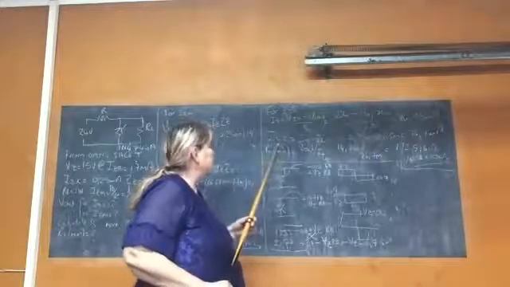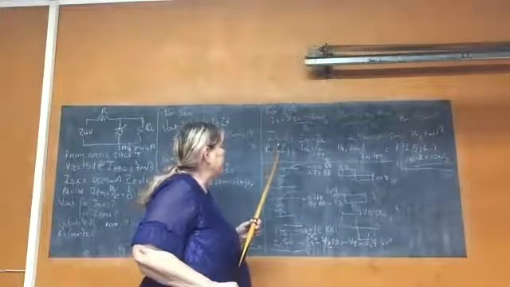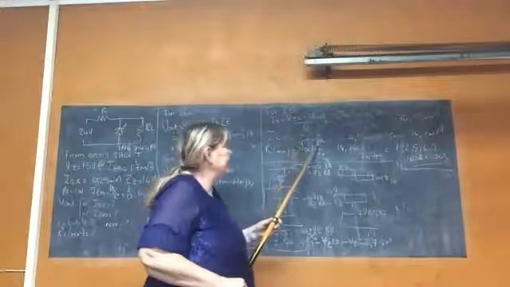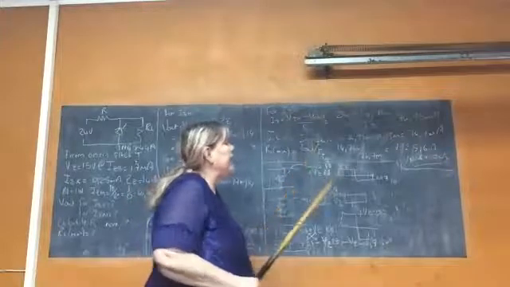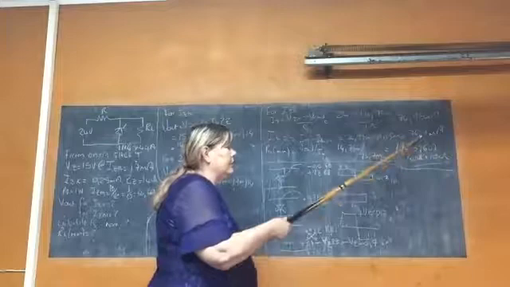Then your current through the load is your total current minus your IZK current, and then you have the current through the load.